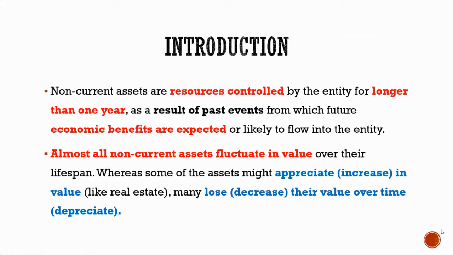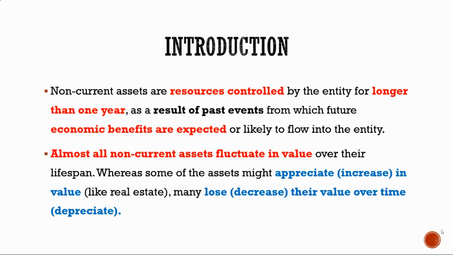The first one we call appreciation, where it increases in value. Examples of that are real estate and land. Those assets will generally increase in value over time because of how the economy works. Whereas other assets will lose or decrease their value over time, and we call that depreciation. So they depreciate in value.